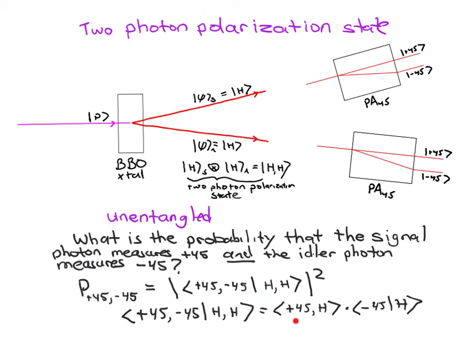It's sort of exactly what you'd expect when the two particles are existing in separate worlds. The joint probability amplitude is just the product of the individual probability amplitudes.